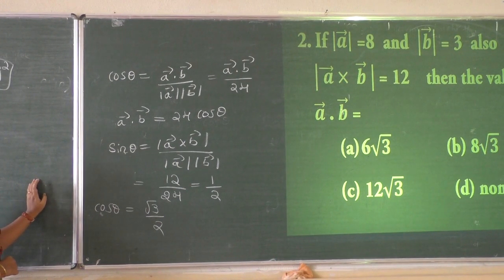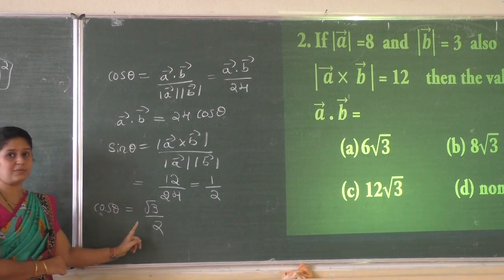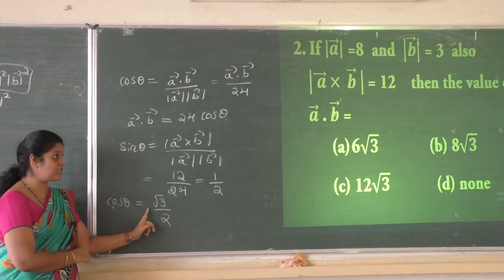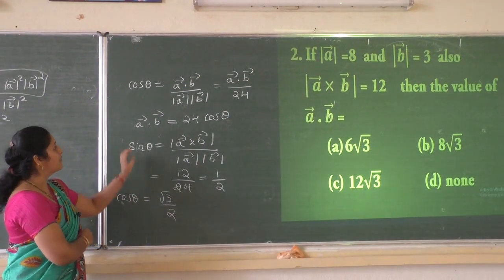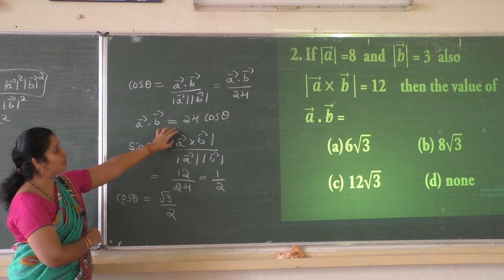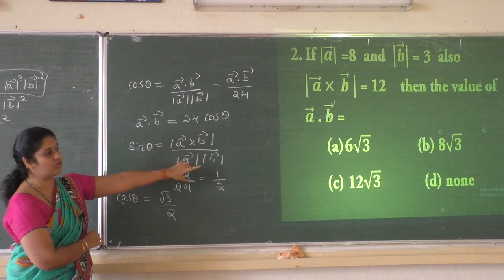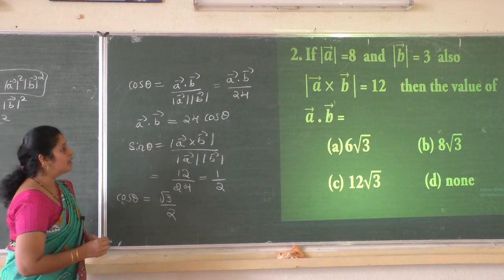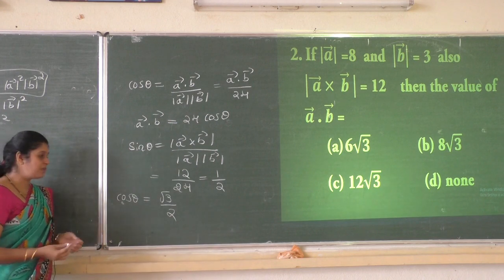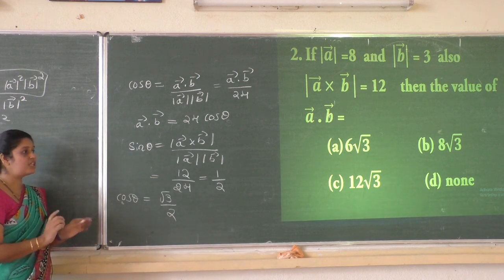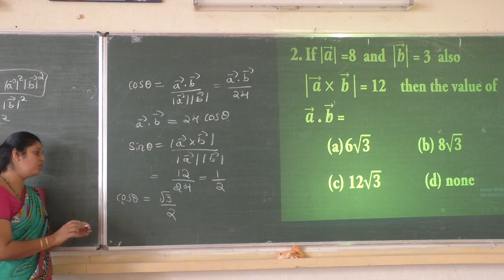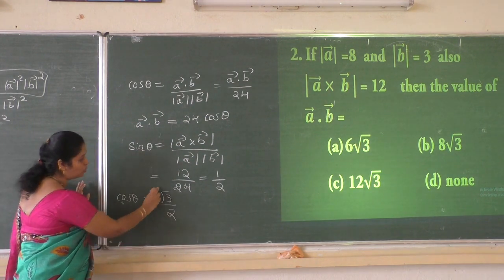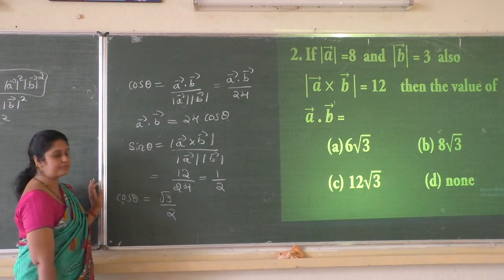Cos theta is plus or minus, but here I wrote only plus because here vector A dot vector B, 24 into that value, is positive. Already I explained, you may get vector A dot vector B as negative, but here in this question it is positive. So I am taking the plus value, root 3 by 2.